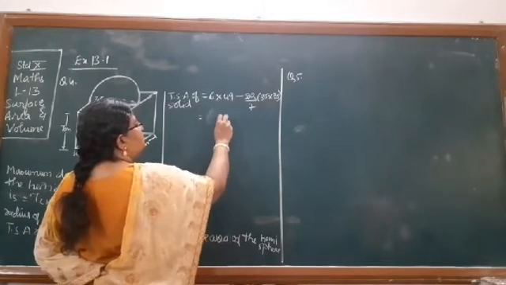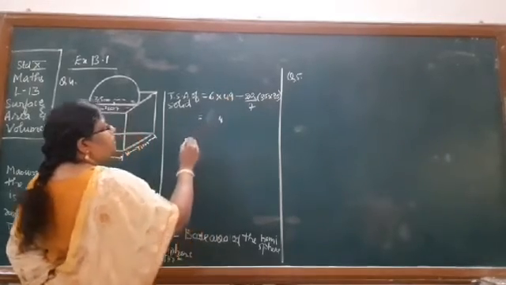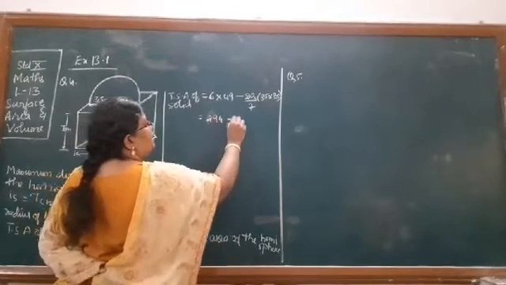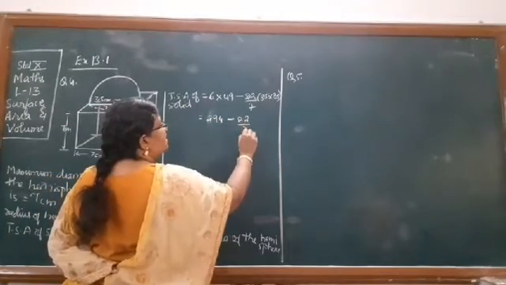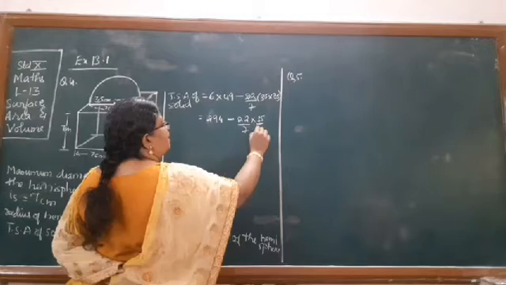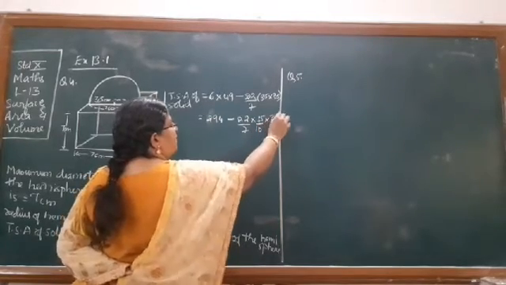6 nines are 54, 6 fours are 24, 29. So 294 minus 22 by 7 into 35 by 10 into 35 by 10.